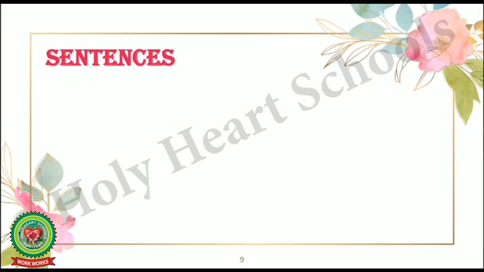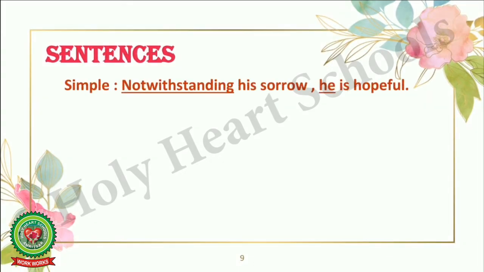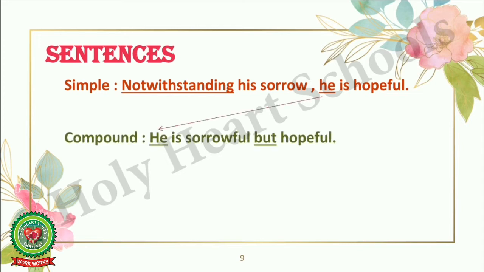Coming up to the next sentence: notwithstanding his sorrow, he is hopeful. Children, here notwithstanding also means in spite of. So, if you are given notwithstanding in the statement, you can use but, yet and still. So our answer will be he is sorrowful but hopeful.